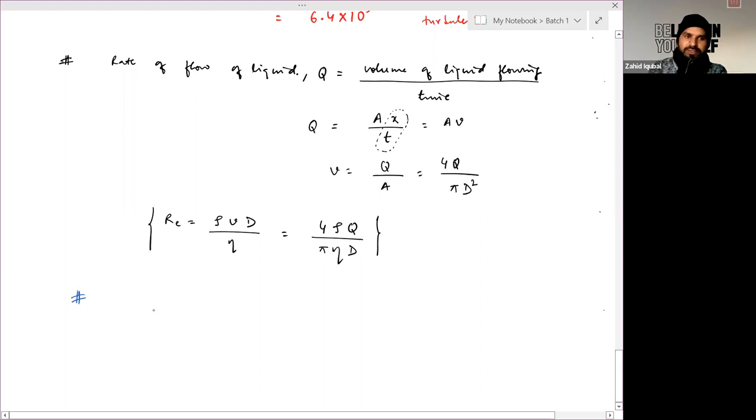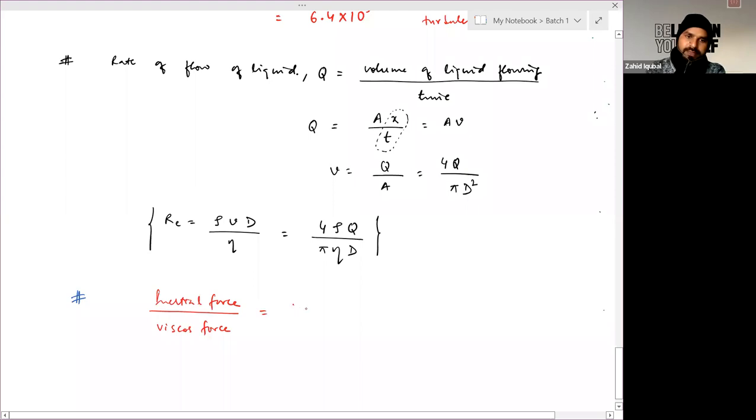We have two different forces. One is called inertial force, force due to mass or moving mass of a body, divided by viscous force due to Newton's law of viscosity between layers of liquid.